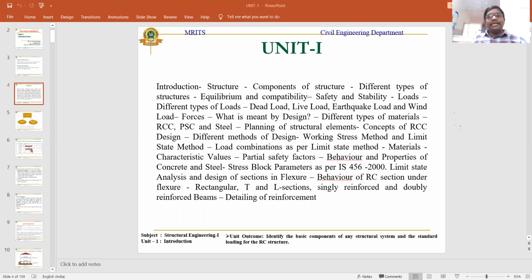Similarly, if we are going to design any structure, we must use at least two bars. One is the vertical bar and the second one is the horizontal bar. Here the vertical bars are called main bars and the horizontal bars are called distribution bars.